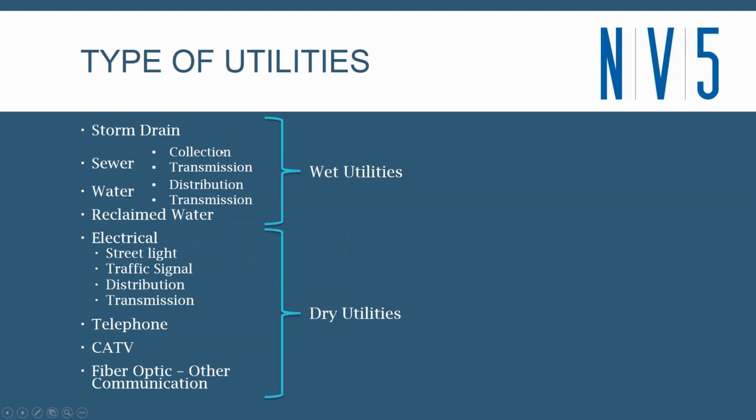The different types of utilities are broken out into two different types. Wet utilities, obviously. You have the storm drain, then you have sewer, and there's two different types of sewer lines. There's collection and there's transmission. And believe it or not, there are major transmission lines within the city of San Diego, and transmission lines are basically anything over 15 to 18 inches, depending on the city size, in diameter.